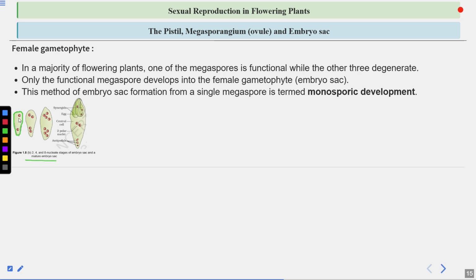Now these two nuclei again divide, and form four nuclei. Now these four nuclei again divide and form a total of 8 nuclei. So 4 nuclei at each pole are present.